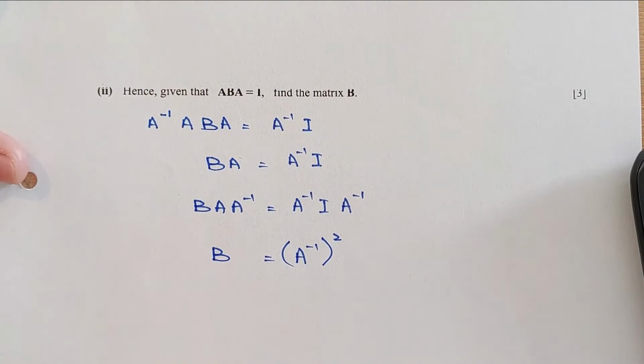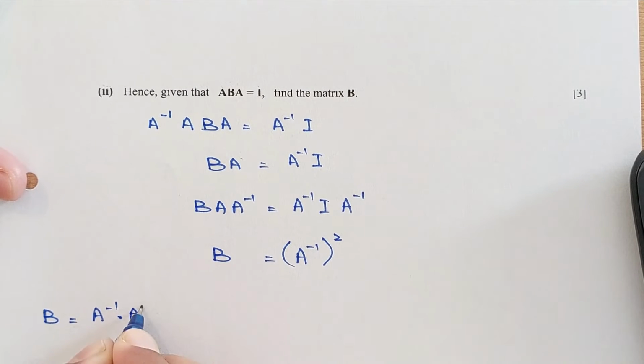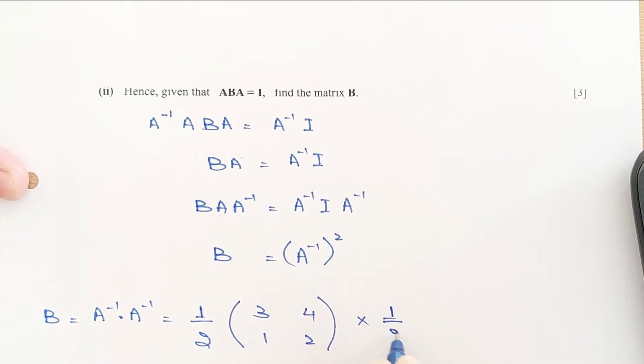We have given A inverse, so we have to do its product. We will get B. So B equals A inverse times A inverse. A inverse is 1 by 2 times the matrix 3, 1, 4, 2, and then cross 1 by 2 times 3, 1, 4, 2.